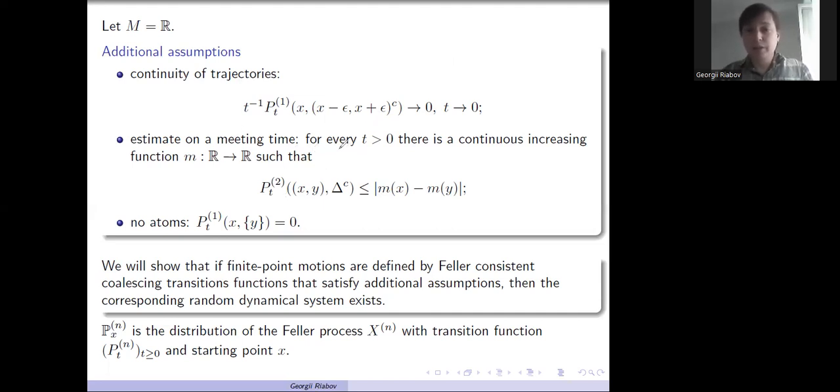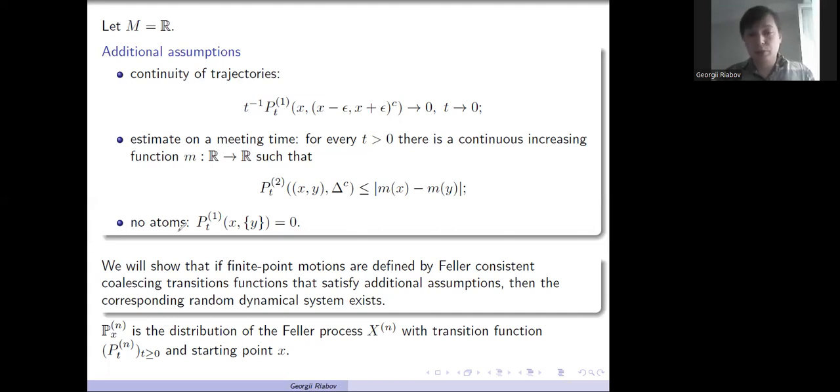We will assume that for every positive t, there is some continuous increasing function m, such that the probability that two trajectories that started from points x and y did not coalesce by time t is bounded by the increment of function m.